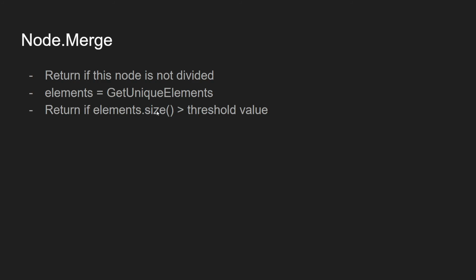And if the number of unique elements contained by our children is greater than the threshold value, we still need to return, because that means that if we combine all of those elements into this node, then we would have more elements than the threshold value, which is one of our constraints. We can't have that. Otherwise, if the number of unique elements in all of our children is less than or equal to our threshold value, we should combine.